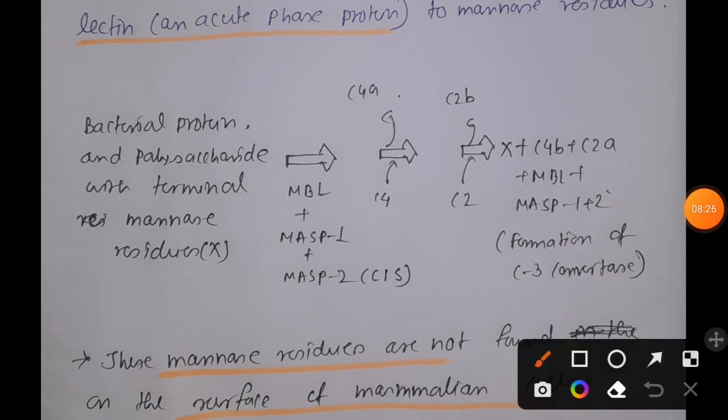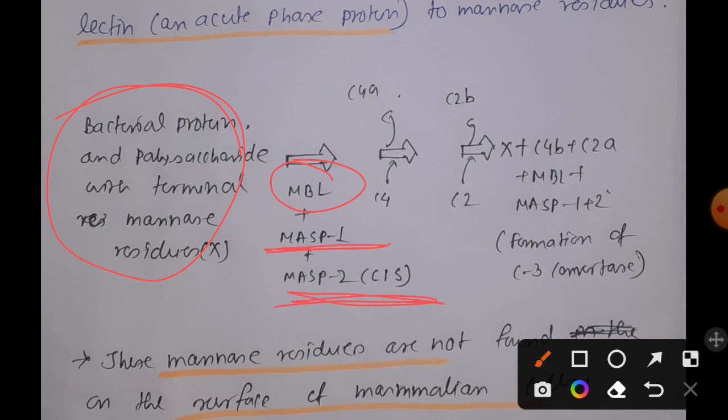So for a quick recap, here the activator is the lectin, and lectin will recognize terminal mannose residues present on the glycoproteins and polysaccharides on the surface of the bacteria. First, MBL, that is mannose binding lectin, will bind with the terminal mannose residue, and as a result MASP1 and MASP2, those serine proteases, will be activated.